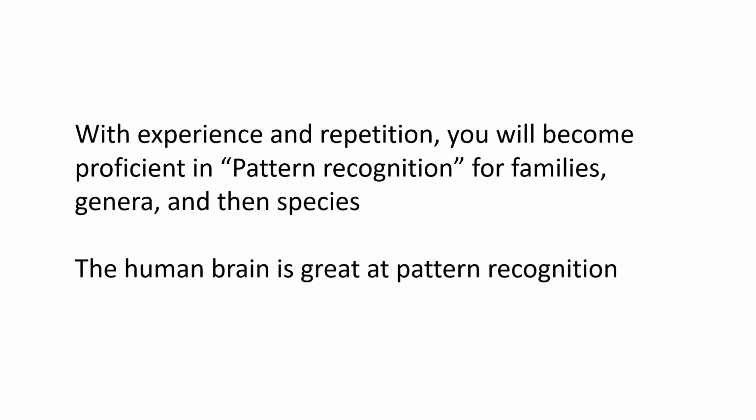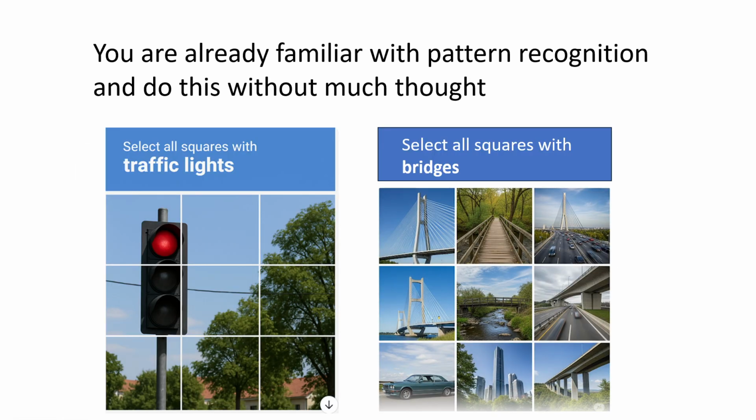With repetition, you will become proficient in pattern recognition for families, genera, and species. Your brain is great at pattern recognition. In fact, when you're on the internet, pattern recognition allows you to move beyond various and sundry websites to prove that you're a human and not a robot.